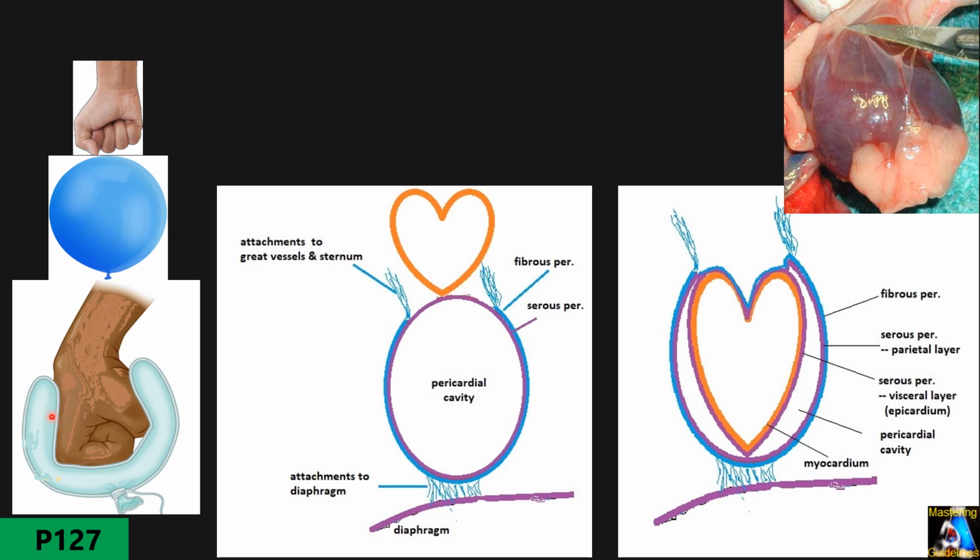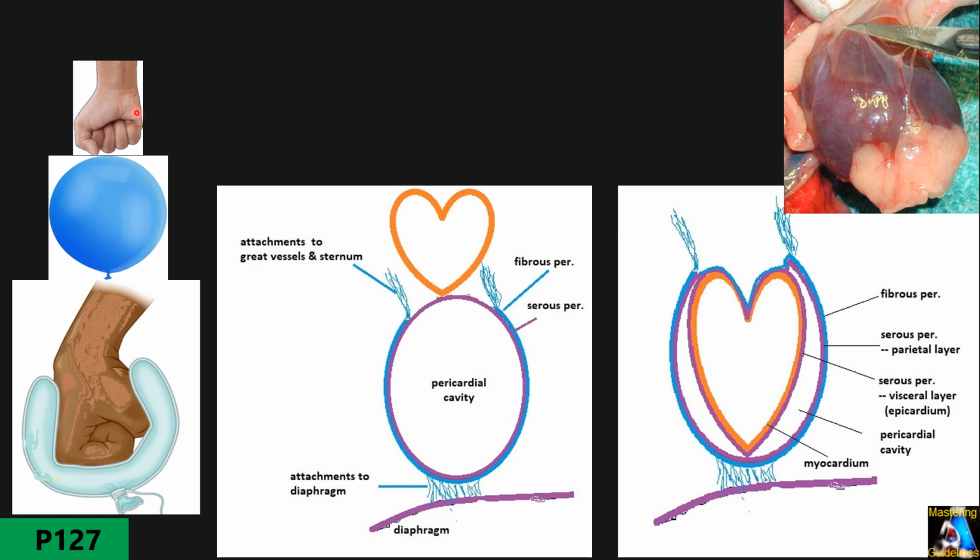So generally speaking, the heart is in direct contact with the inner sac, and the pericardial cavity is formed by the inner sac, and all of them are surrounded by the outer sac or fibrous pericardium.